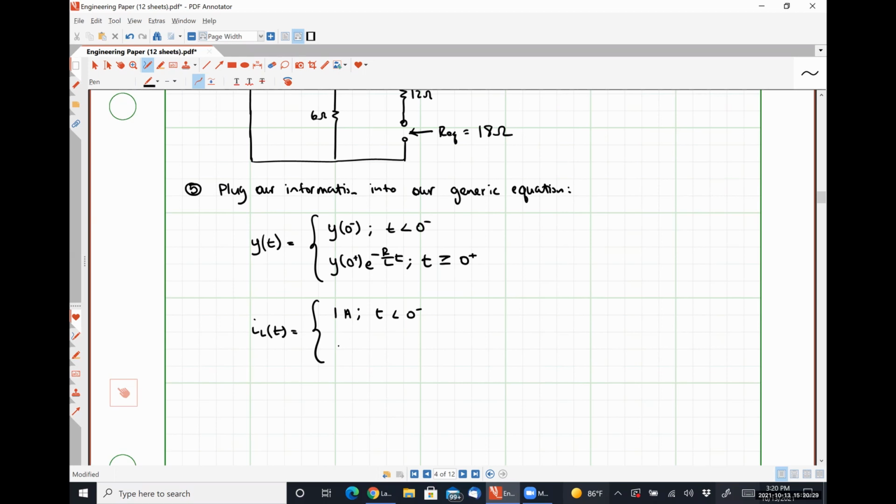And it will be the inductor current at t equals 0 plus, which is 1 amp, times e to the minus R, which is 18, over L, which was 2. So e to the minus 18 over 2 t amps for t greater than or equal to 0 plus. And I should make this look more like a 1.